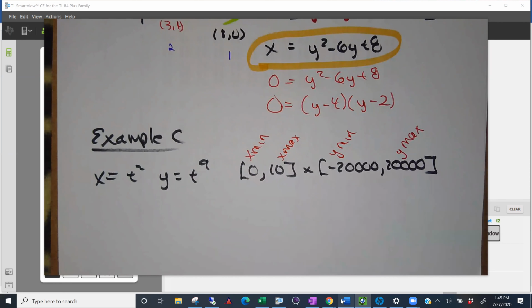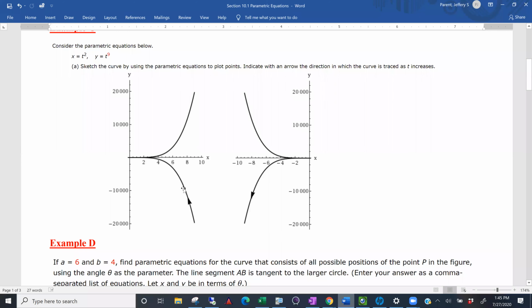Now, if you look back at the handout that I have for you, you realize there were two choices. I chose to get my x min and x max and y min and y max from this one. How come I chose the left one as opposed to the right one? How come I didn't choose something over here?